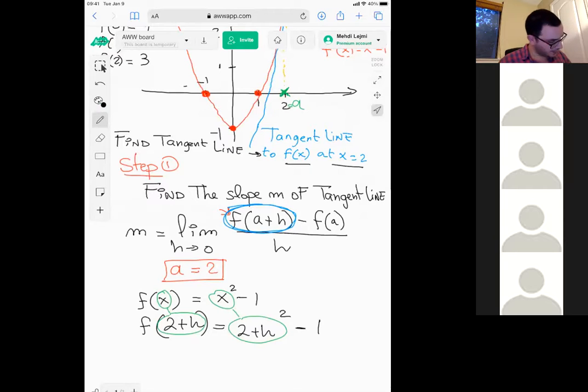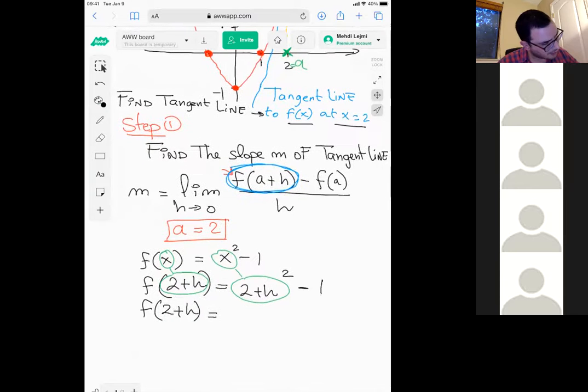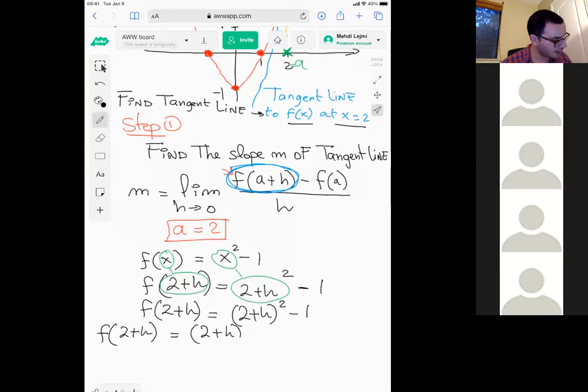So f of 2 plus h would be 2 plus h squared minus 1. Think of the circle like parentheses. So that's 2 plus h in parentheses, squared, minus 1, right? Of course, you can distribute this. f of 2 plus h is 2 plus h times 2 plus h minus 1.